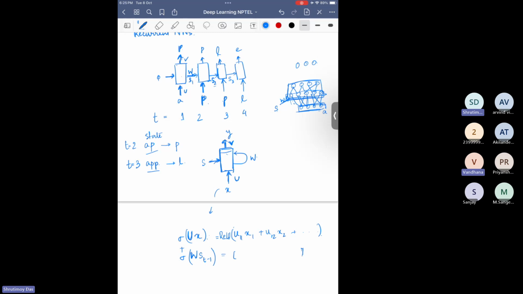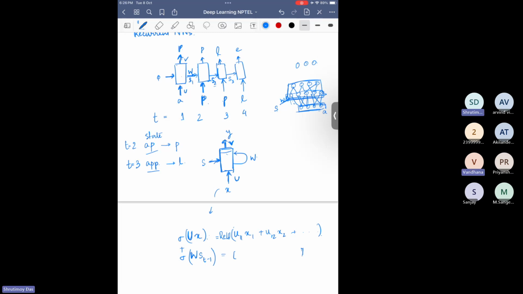So the non-linearity used in RNNs is mostly ReLU. No, it need not be ReLU, because once you go into LSTMs, you see that they use sigmoid in some sense. Some examples also use tanh, but it depends on which type of RNN you are using.